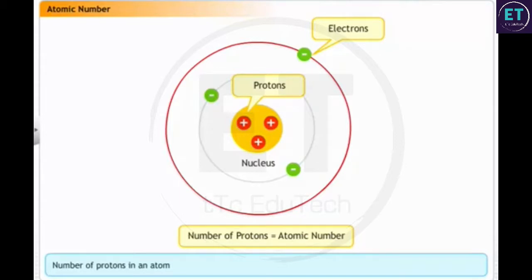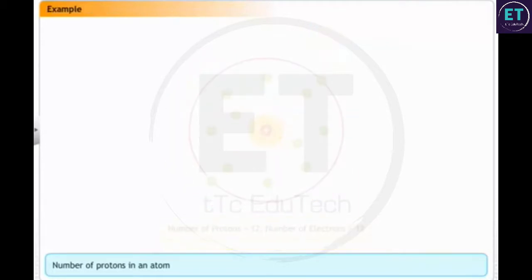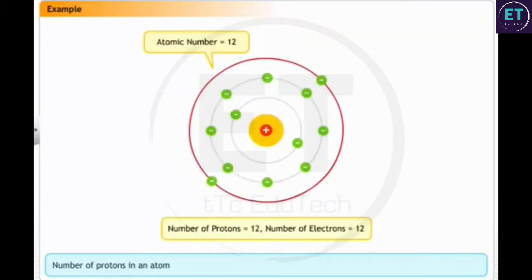This number is constant for an element. It is represented by the letter Z. Moreover, the number of electrons in an atom of an element is also equal to the atomic number of the element. For example, if the atomic number of an element is 12, then its atom contains 12 protons and 12 electrons.